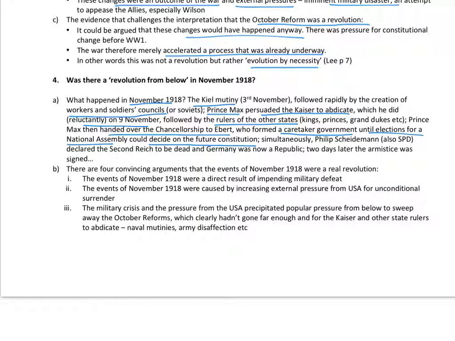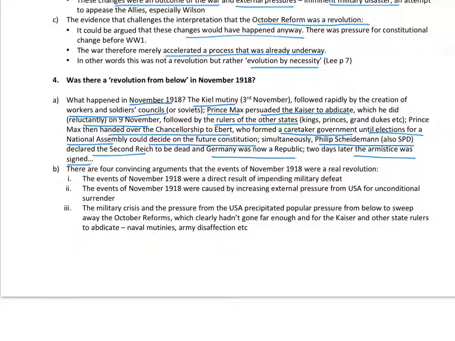Simultaneously, exactly the same time, the deputy leader of the SPD, Ebert's deputy, Philipp Scheidemann, declared the Second Reich to be dead and that Germany was now a republic. And then, 2 days later, on the 11th of November, Ebert signed the armistice.